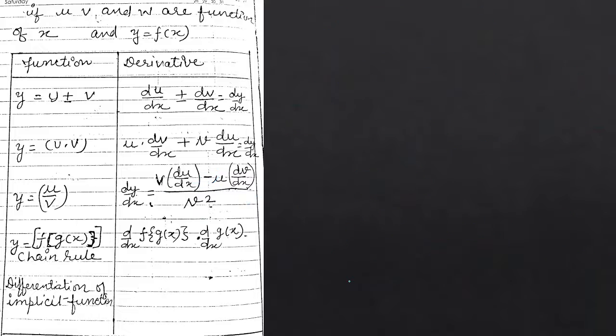Now come to the next rule. This is also called the chain rule. Very important. Here you can see that y is a function of x, f(x), and x is also a function g, right? That means here the function is of x and here x is also a function, a function into function.